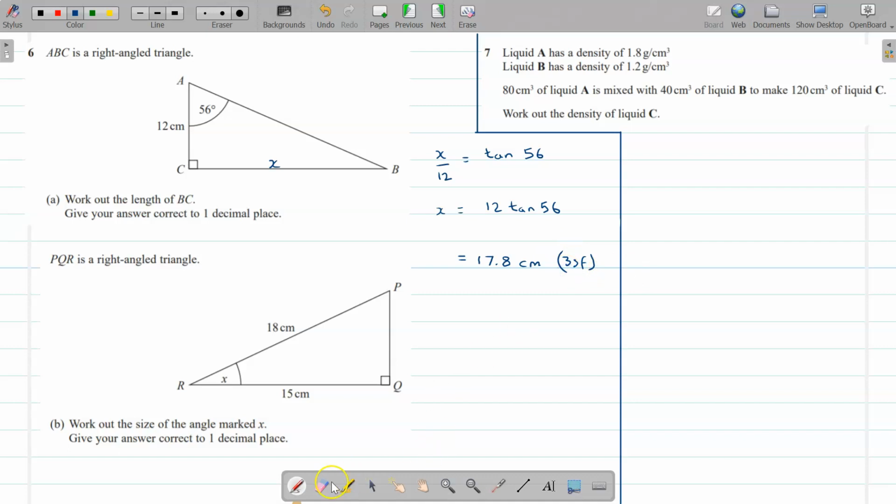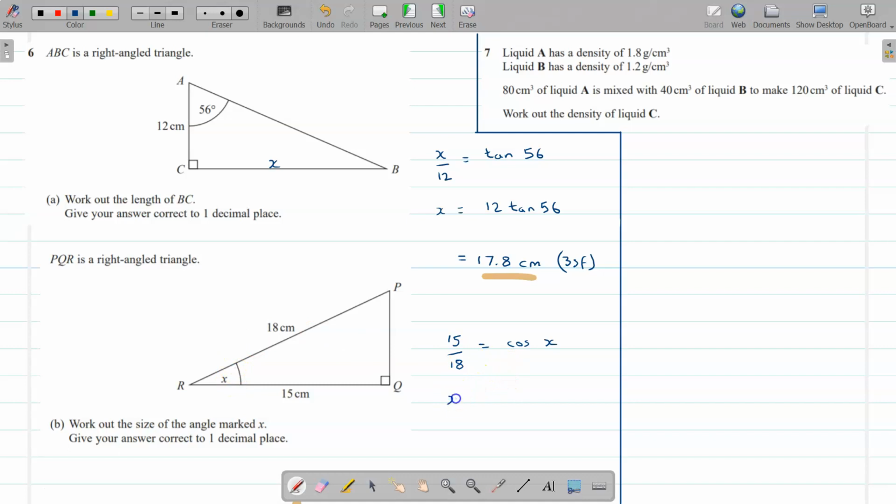Okay, and the next part of the question is asking me to work out the angle x, and I could say that the adjacent over hypotenuse, okay, so 15 over 18 is the adjacent over hypotenuse, which is the cosine of the angle x. Okay, so x is now the angle, you see.